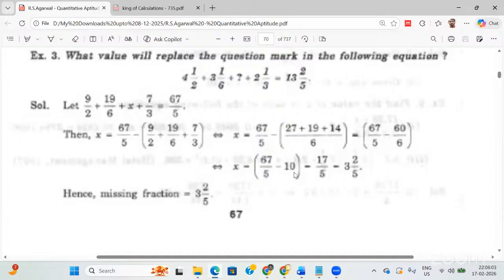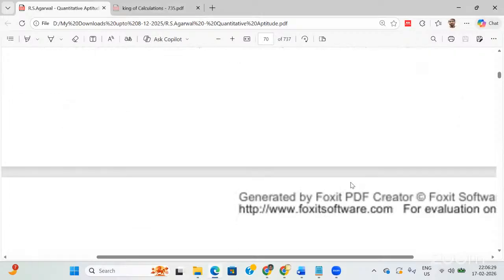Therefore, 67 minus 50 is equal to 17. 17 divided by 5 is 17 by 5, which is 3 and 5 3s are 15, so it is 3 and 2 by 5. This is your missing fraction.